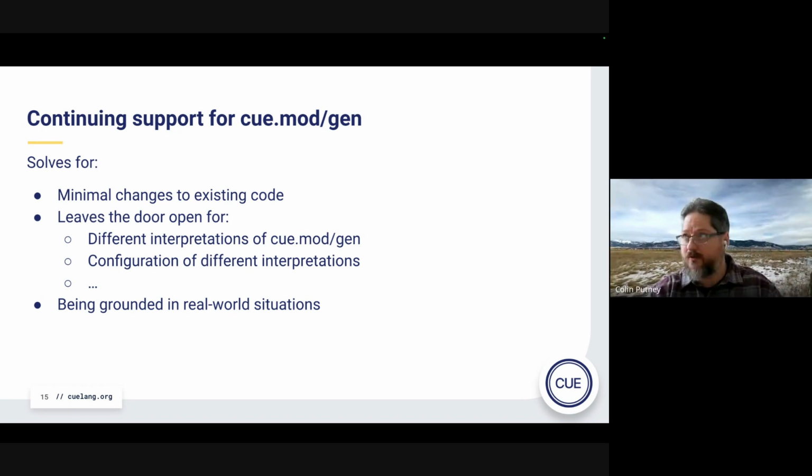So when I first started using CUE and including generated code, the mental model I had of it was that generated code is just part of my code base that happens to be created in a different way. I'm not handwriting it the way I would for other stuff.